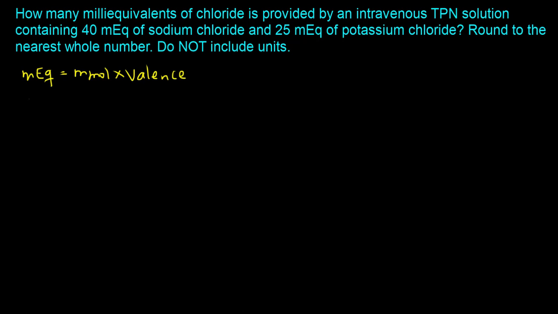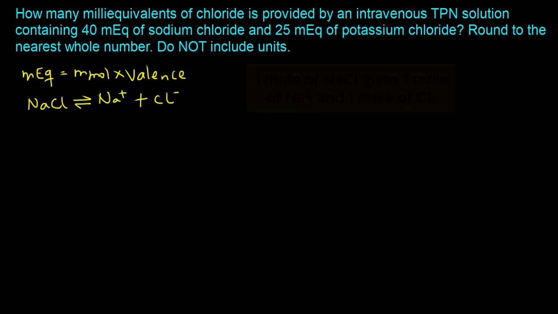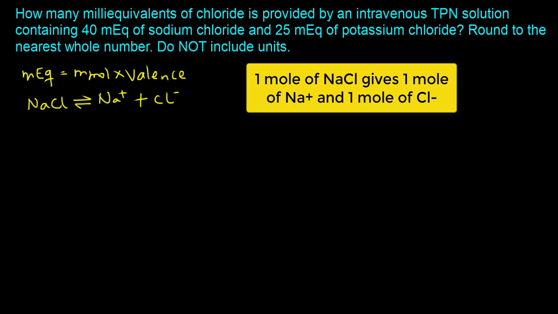So when you take the sodium chloride, you have NaCl. That breaks down in an aqueous environment to a sodium cation and a chloride anion. But notice that from the stoichiometry, you have 1 mole of sodium chloride giving you 1 mole of a sodium cation and 1 mole of a chloride anion.